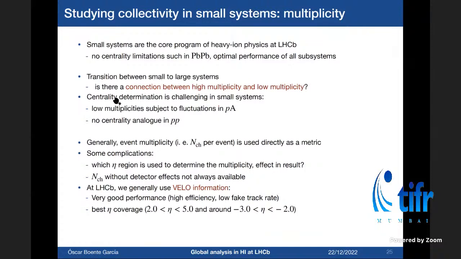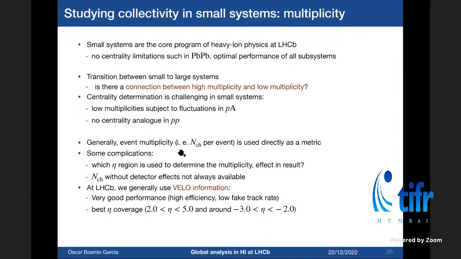However, centrality determination is challenging. In proton-ion collisions, the Glauber model is not precise, and we are subject to fluctuations, also because we have no multiplicities, and for pp we don't even have an analog.